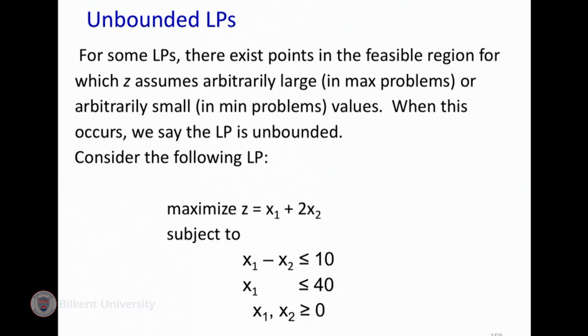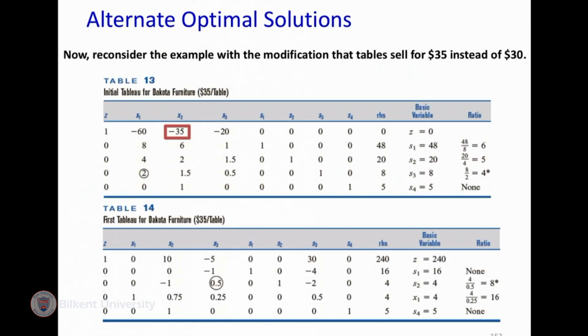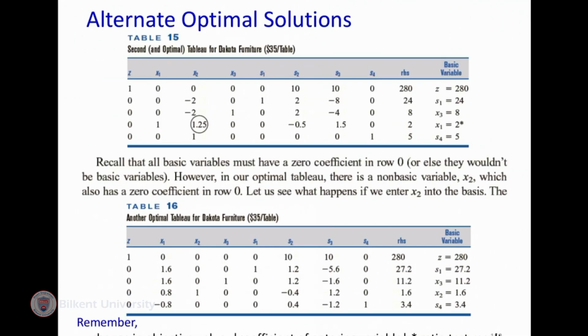So remember our formula. Let's go back to our formula. The change in the objective function is the coefficient of the entering variable times the result of the ratio test.